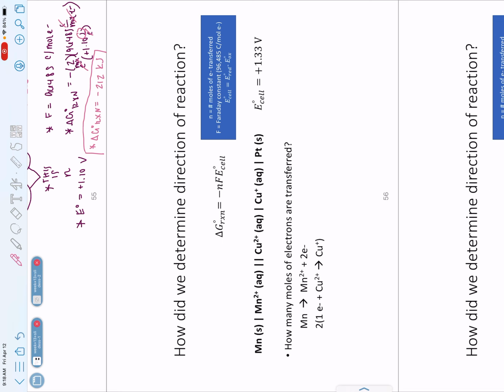In this case, I don't need the half reaction method to figure out what my individual values happen to be. I can just plug in electrons to make these work. There's no oxygen or hydrogen or anything in here. But this guy has to happen twice. So the number of moles of electrons that I have to move in the balanced equation is 2. Make sense?